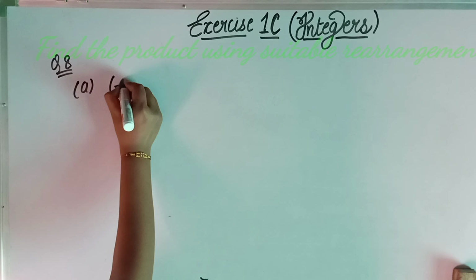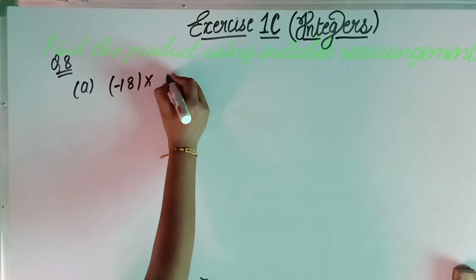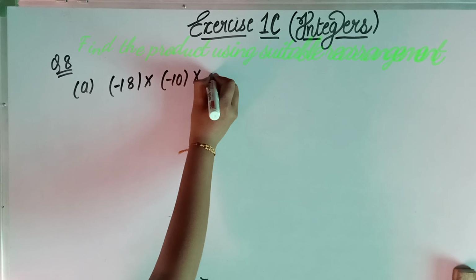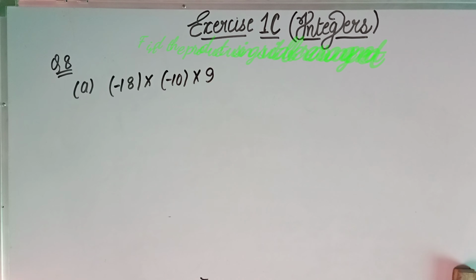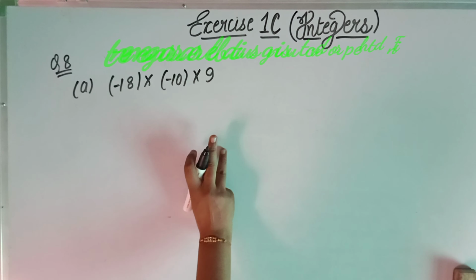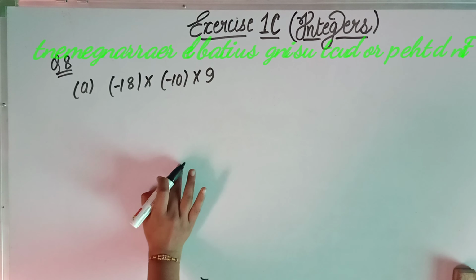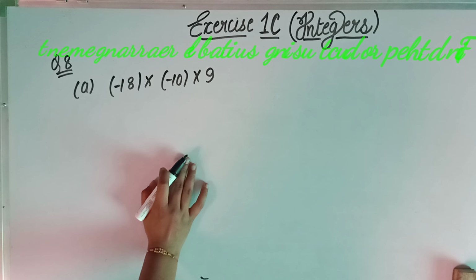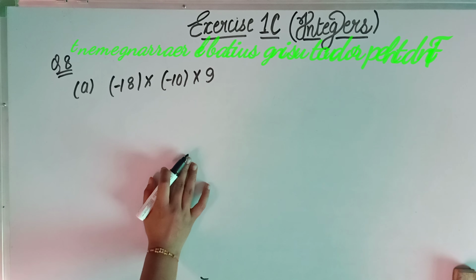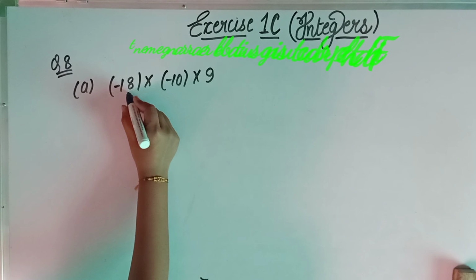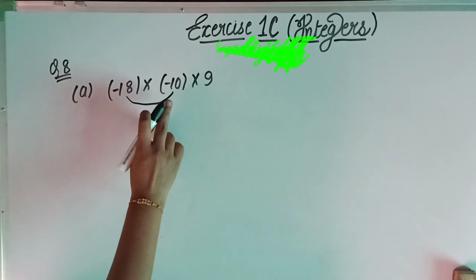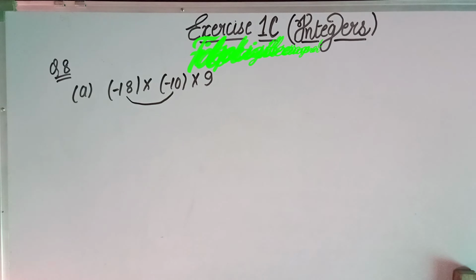Let me tell you. Minus 18 multiplied by minus 10 multiplied by 9. Whenever you have three numbers, you have to make a group in such a way that you get 0 in the units place, or make a group which gives maximum zeros after multiplying. If you group minus 18 with minus 10, 180 will come, so there will be one 0.